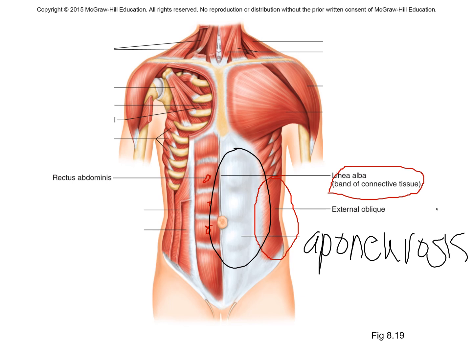Aponeurosis. Okay, and it's just some dense connective tissue that meets in the middle at the linea alba, which is the band. Okay, and that's how the external oblique inserts into connective tissue, not on a bone, which is a little unusual.